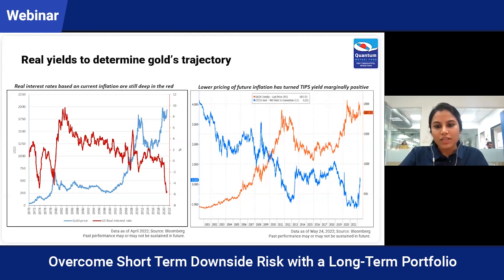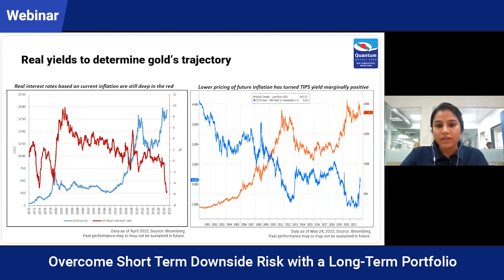This means real interest rates based on current inflation numbers continue to be deep in the red, close to -6%, as you can see in the chart on the left. Now, this is ideally a great environment for gold prices because historically gold tends to do well when real interest rates are negative, because in that scenario, the opportunity cost of holding gold is low and it helps preserve value.